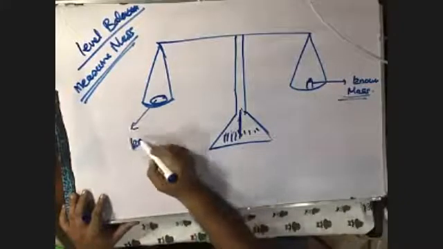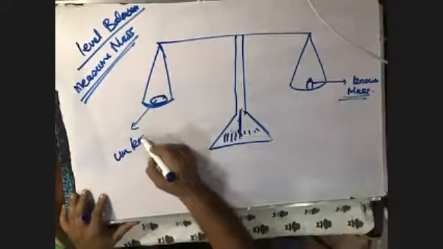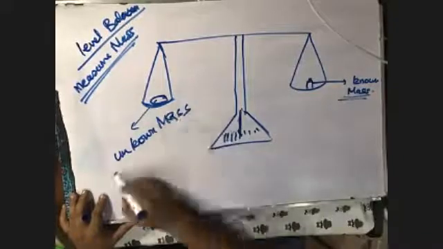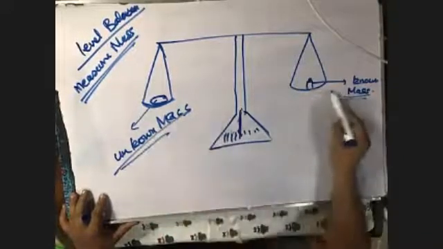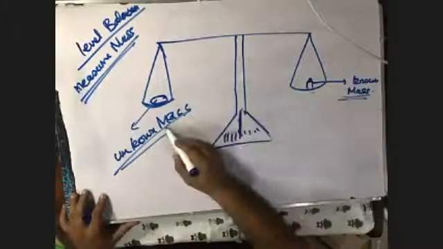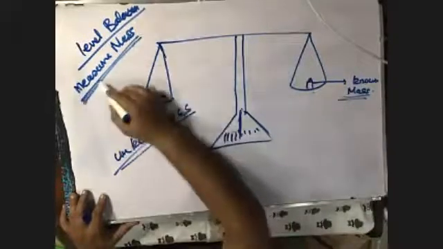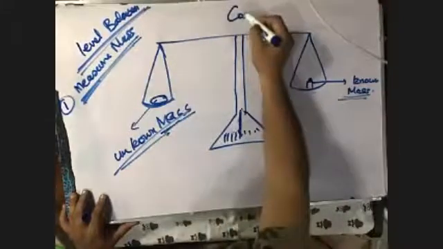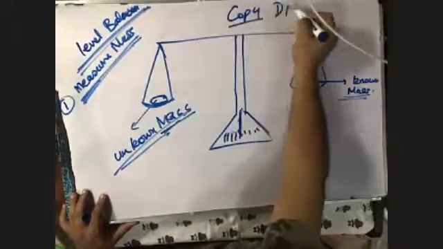The unknown mass is balanced out with the known mass, and automatically you will get to measure it. So the lever balance, copy this diagram right now.